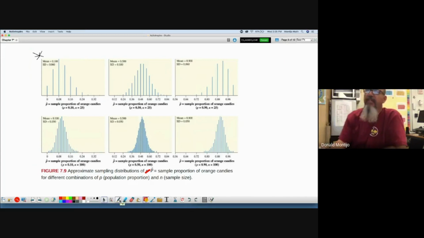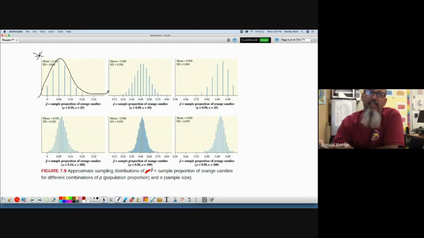If 10% of the candies are orange and we took samples of size n equals 25, does this look normal? Nope, not really. Doesn't really look normal. Why do you think that happened?